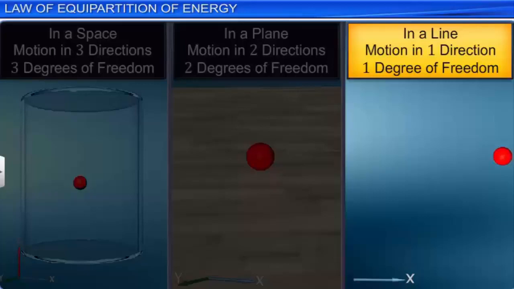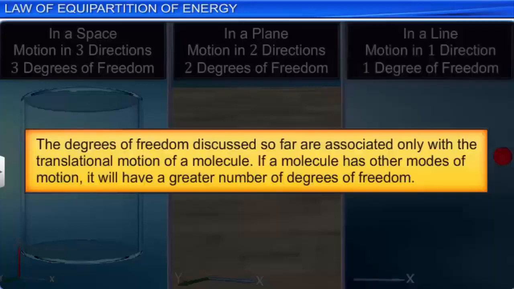Hence, the molecule has 1 degree of freedom. The degrees of freedom discussed so far are associated only with the translational motion of a molecule. If a molecule has other modes of motion, it will have a greater number of degrees of freedom.